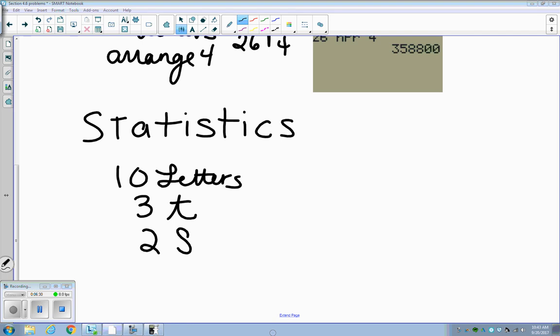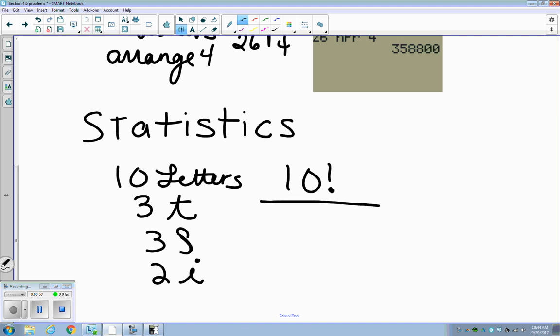Oops. Glad you guys are awake. There are 3 S's. And lastly, I have 2 I's. So because I have identical things, this is the formula I need to now use. I'm going to still say 10 factorial on the top. But I need to divide 10 factorial because I have identical items. So those identical items are 3, 3, and 2.